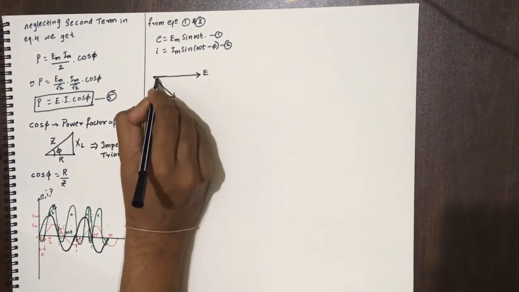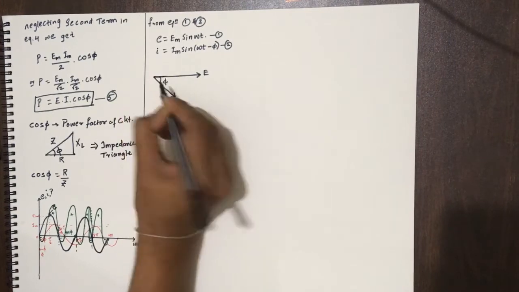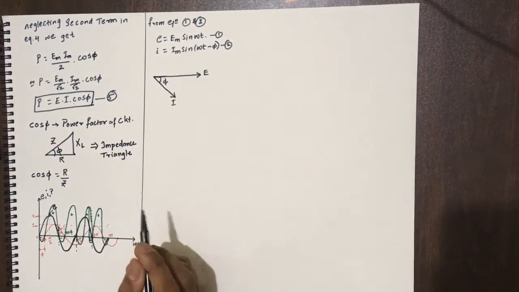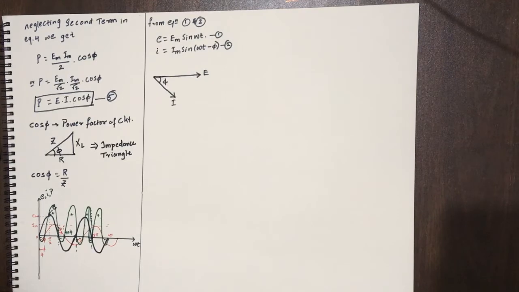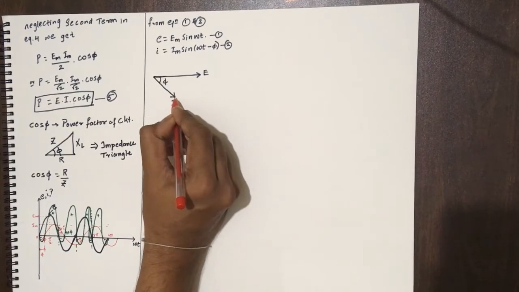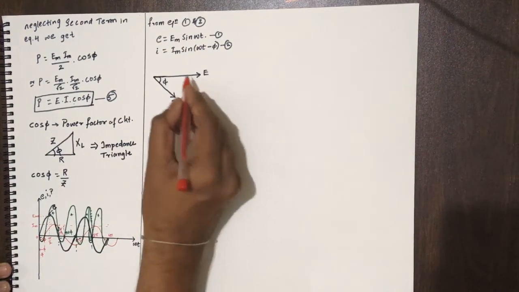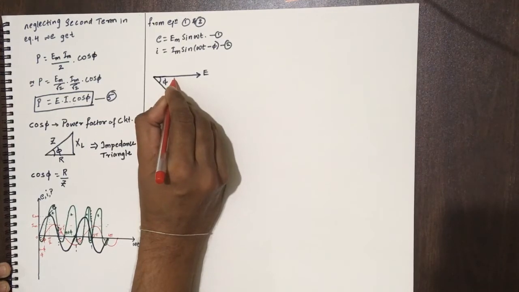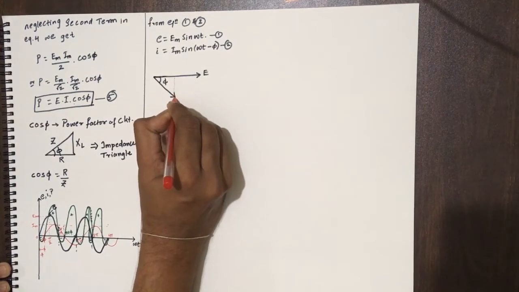Now this is I and this is phi. From this vector diagram we will have a slightly further analysis, that now I can resolve vector I into two components, a vertical component and a horizontal component.